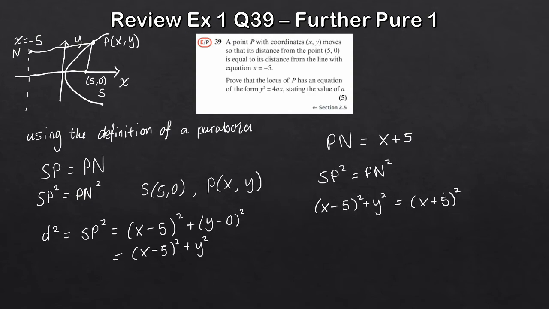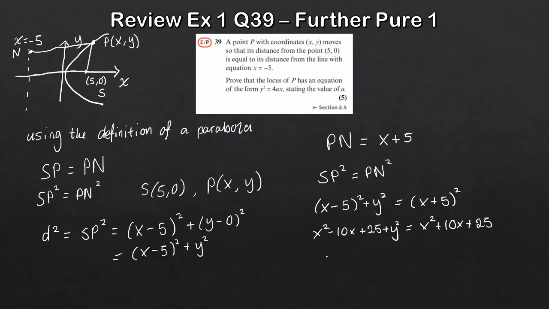And at this stage now, we just need to expand and then simplify. And what we should hope for is that we get something in this form here: y squared is equal to 4ax. Okay? Well, expanding your bracket here, we get x squared minus 10x plus 25 plus y squared. This is equal to x squared plus 10x plus 25.